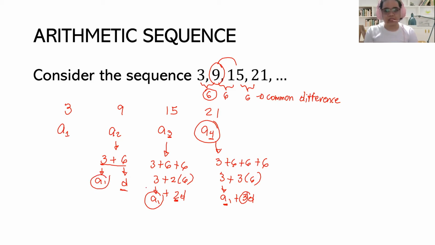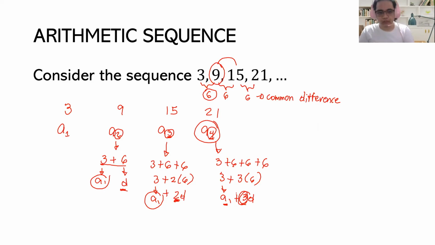So kung mapapansin nyo, yung nth term, let's say, ito ay 2, isa lang ang kailangan mong D. Pag 3, dalawa yung kailangan mong D. Pagka A sub 4, tatlo yung kailangan mong D. So malamang, based on that pattern, pag kinuha mo let's say yung A sub 10, 9 na D yung kailangan mo doon.